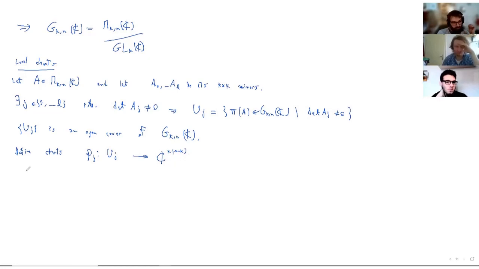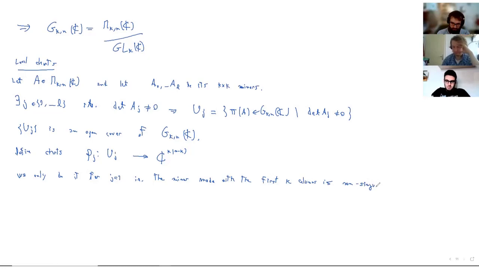But we will only do it for J equal 1, which means the first minor, the minor made of the first k columns, is non-singular. Non-singular means determinant different than 0. Okay, so we'll only do it for the first one, just because otherwise it's very hard to keep track of everything.